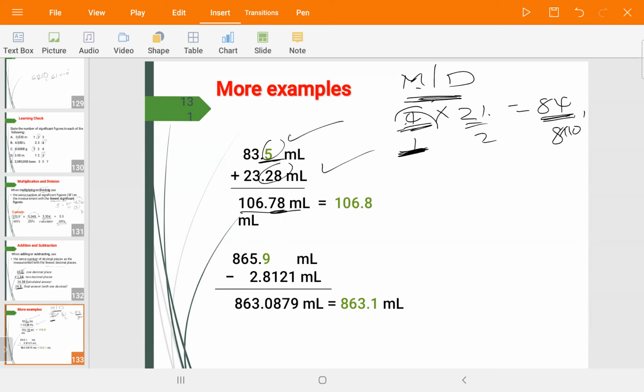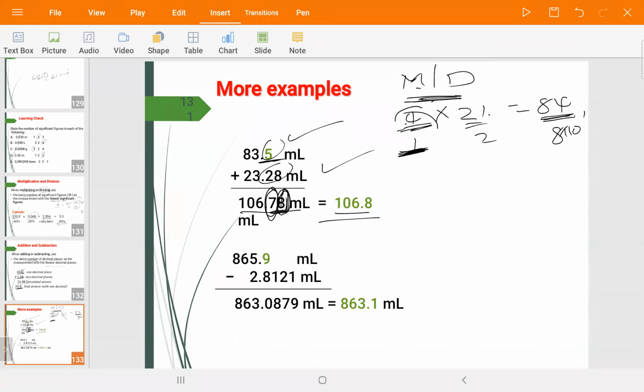Because the digit to be removed is 8, which is greater than 5, we increase it by 1 unit and our answer will be 106.8.